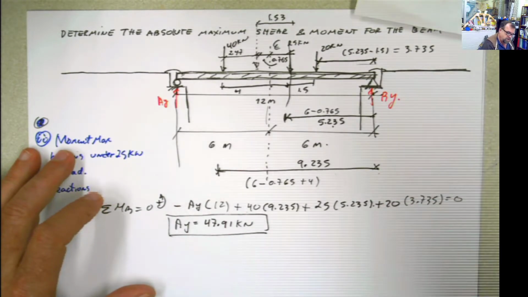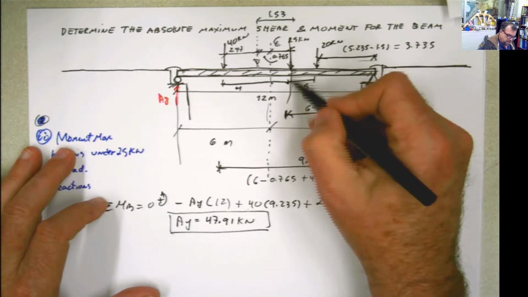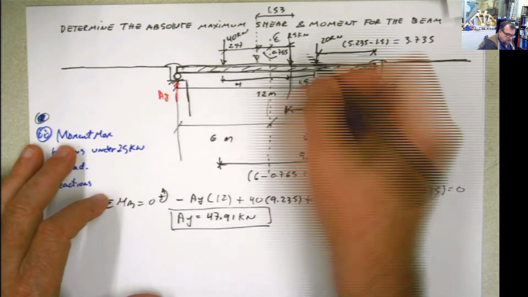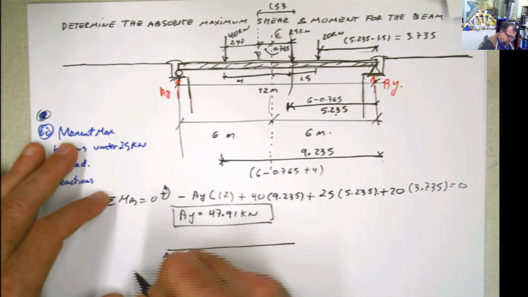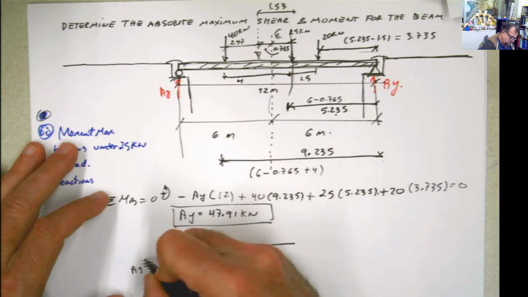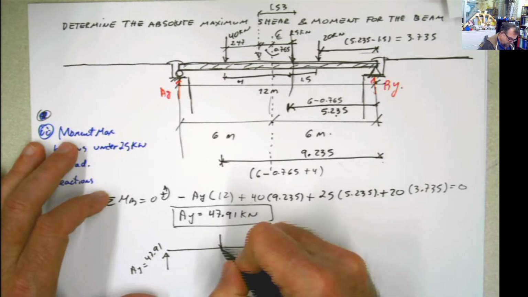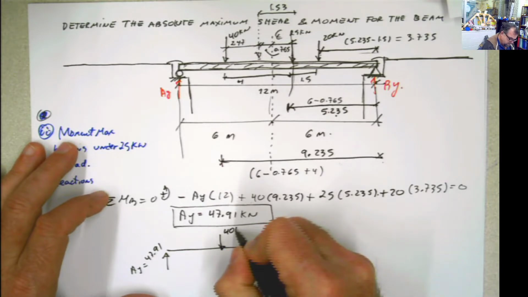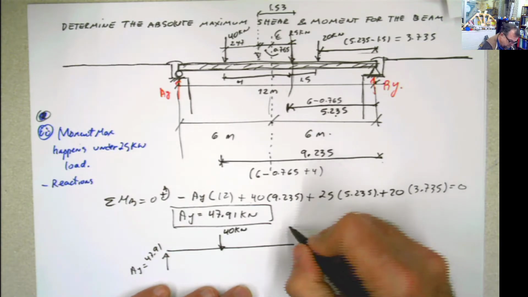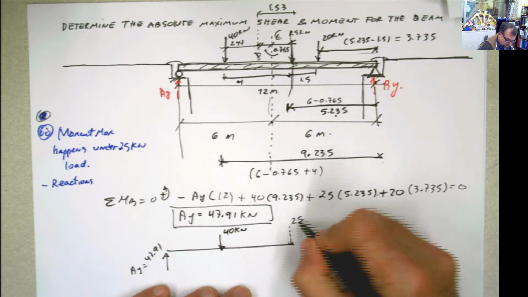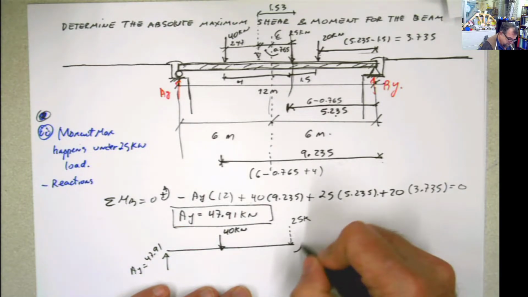Okay, now we have to make a cut under that load, because the previous derivation in the other video said that the maximum moment should be underneath that load. And because I have this reaction, I'm going to use this section over here. So I have this reaction here, AY equals 47.91. I have this force of 40 kilonewtons here, and I have the force of 25 here, which is not going to do anything for the sake of the moment.